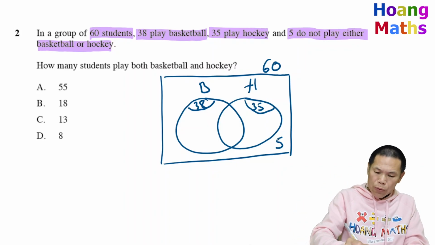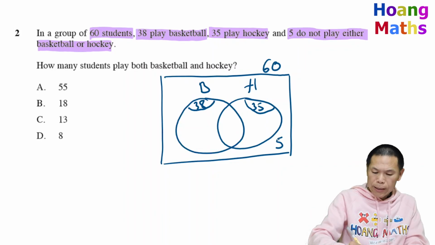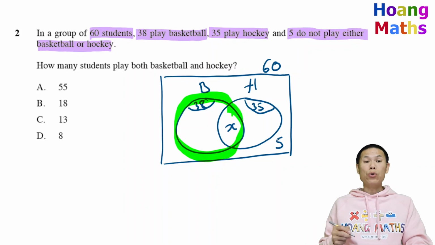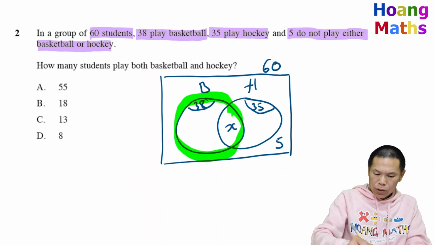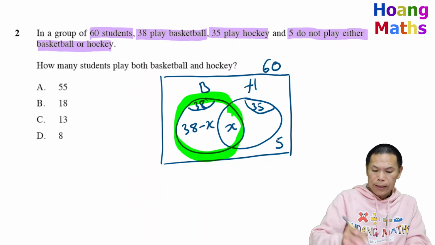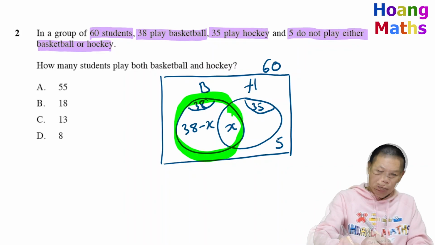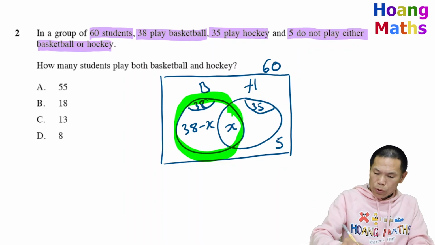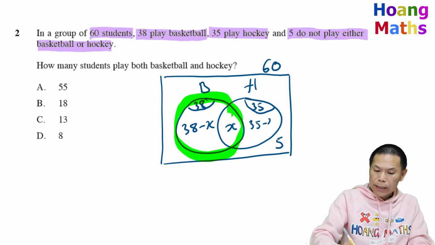First of all, this circle here must be 38. Let's say this is X. So in this circle here must be 38 altogether. We already have X, so basketball only will be 38 minus X. And for hockey, it is 35 altogether, and we also have X already, so we go 35 minus X.